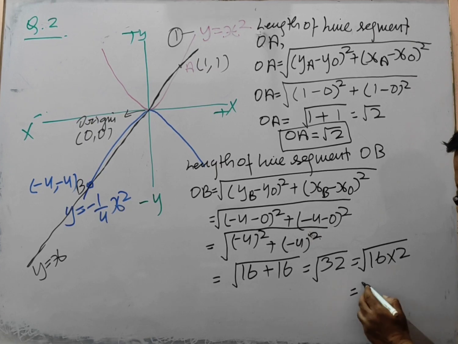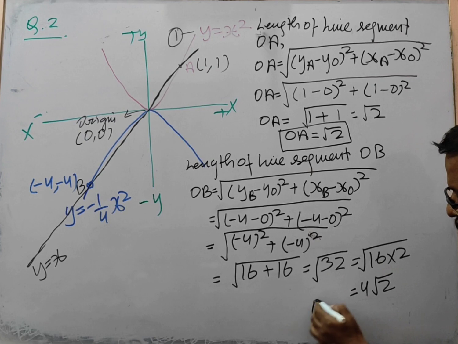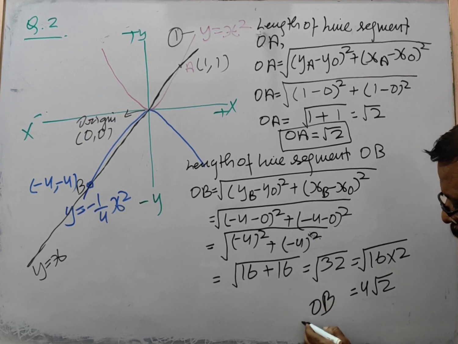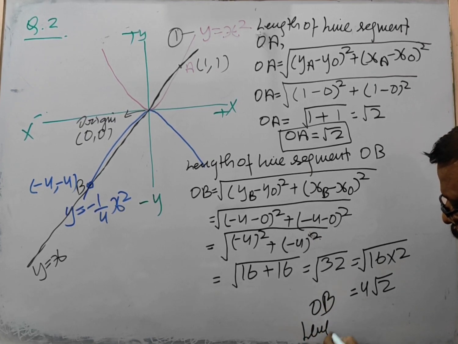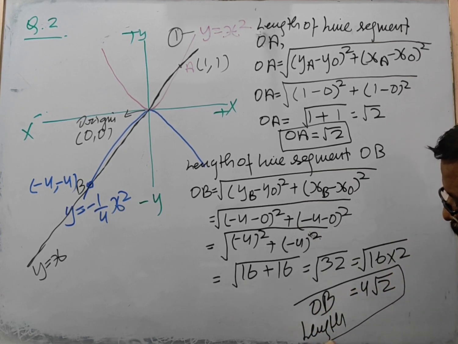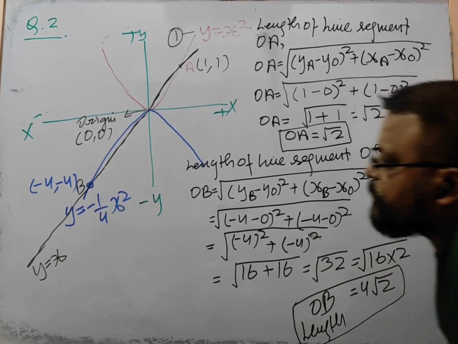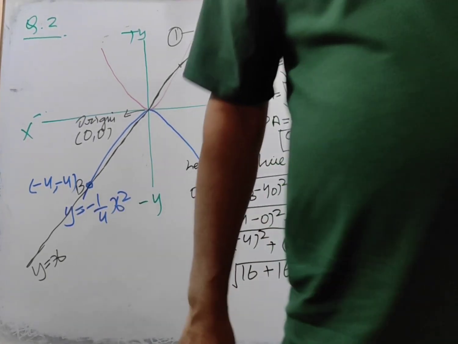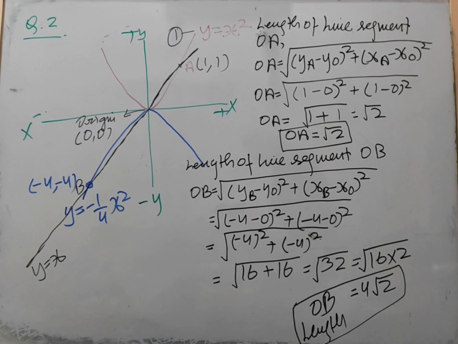So we can write 4 root 2. So the length of OB is 4 root 2. Got it? So this is fine.